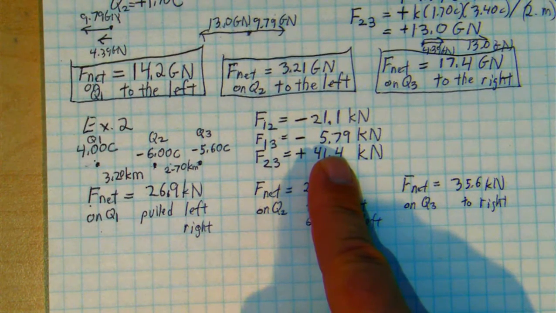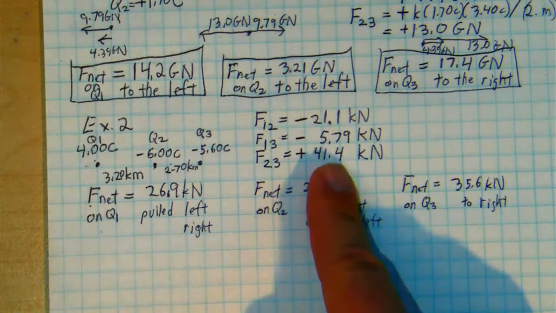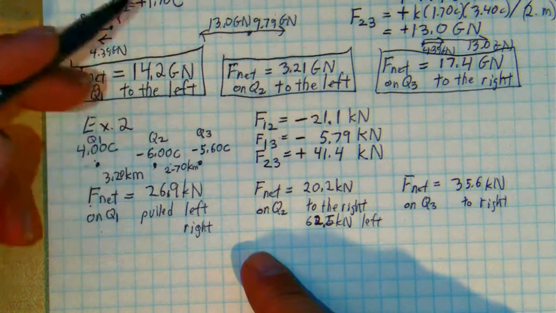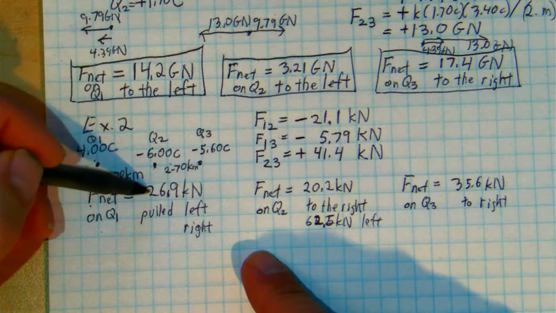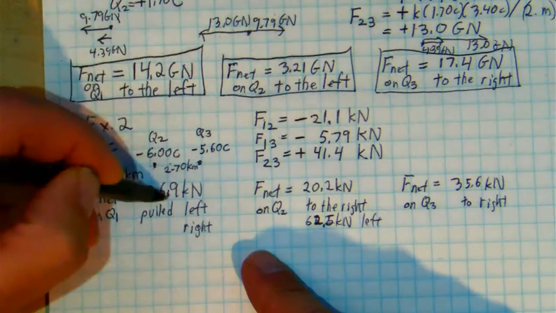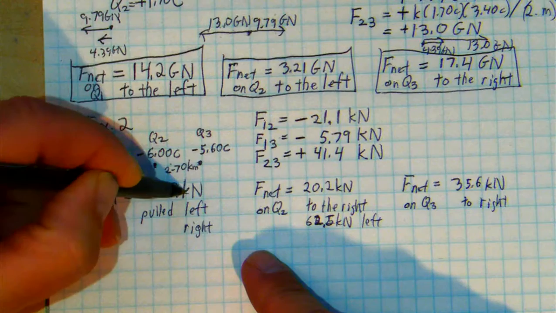So they're both to the right of Q1. They're both pulling Q1. So these two forces add together, and I end up with a net value of 26.89, which I will indeed round to 3 sig figs and say that it's 26.9 kilonewtons.